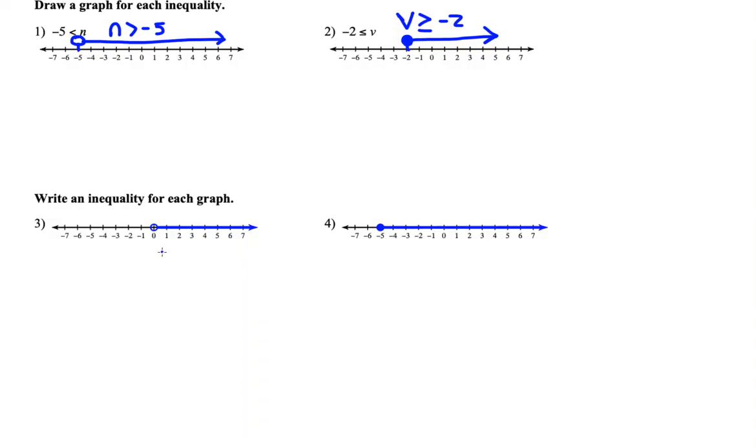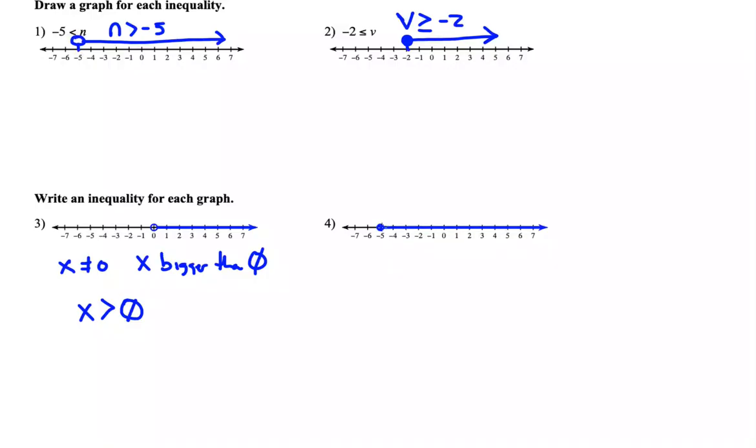So we'll say x does not equal 0, but x is all the numbers that are bigger than 0. So we would say x is greater than 0. And we don't put an equal sign here because this isn't filled in. So it would just be x is greater than 0.